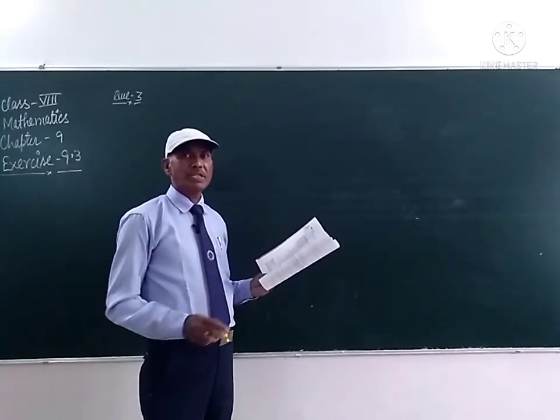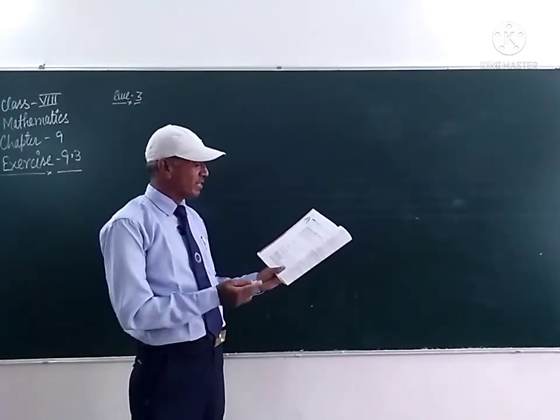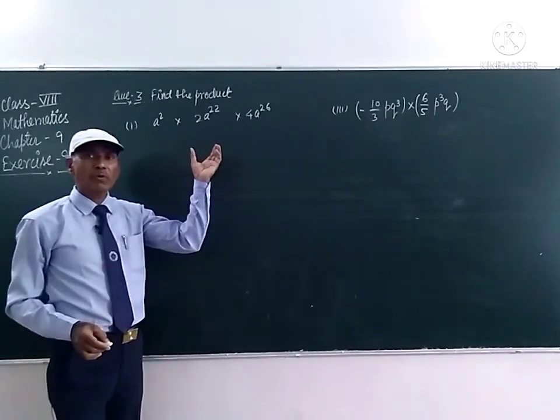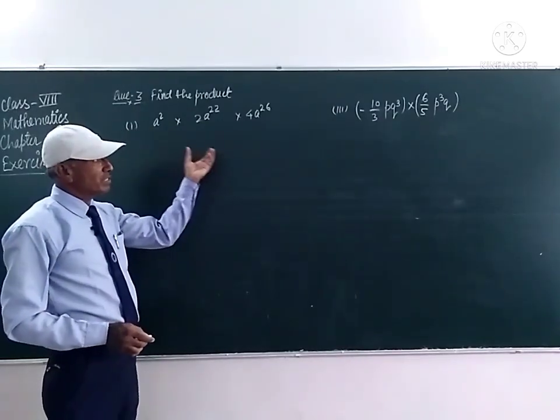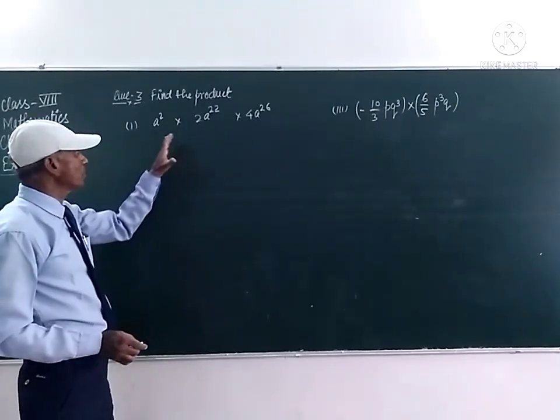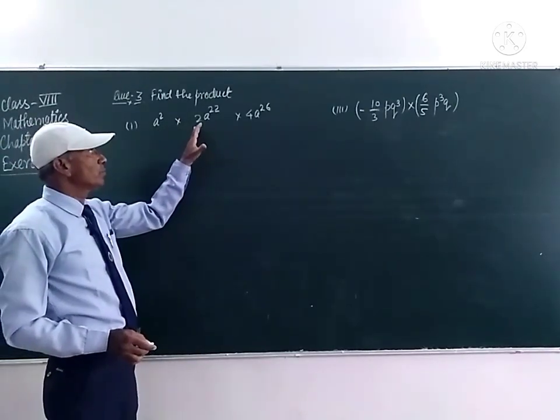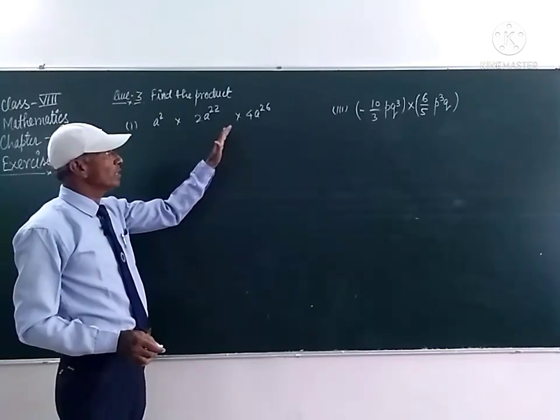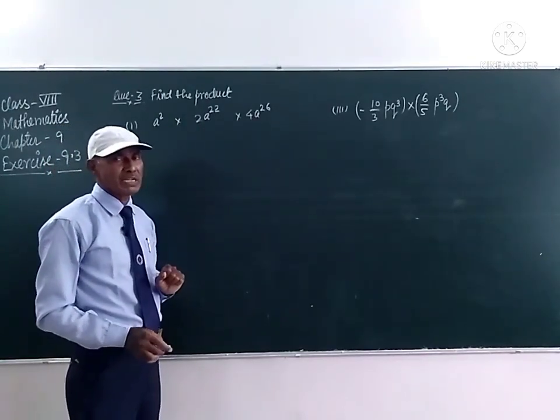Now we will solve question number 3, student, and in this question, find the product. We will solve only two parts of this question, student, and the remaining two parts you have to do yourself. And this one, student, is a to the power 2 into 2a to the power 22 into 4a to the power 26.